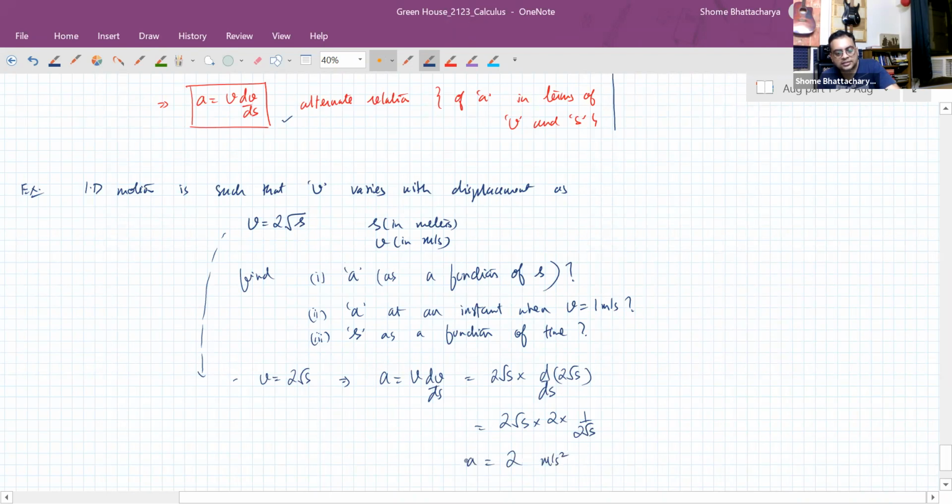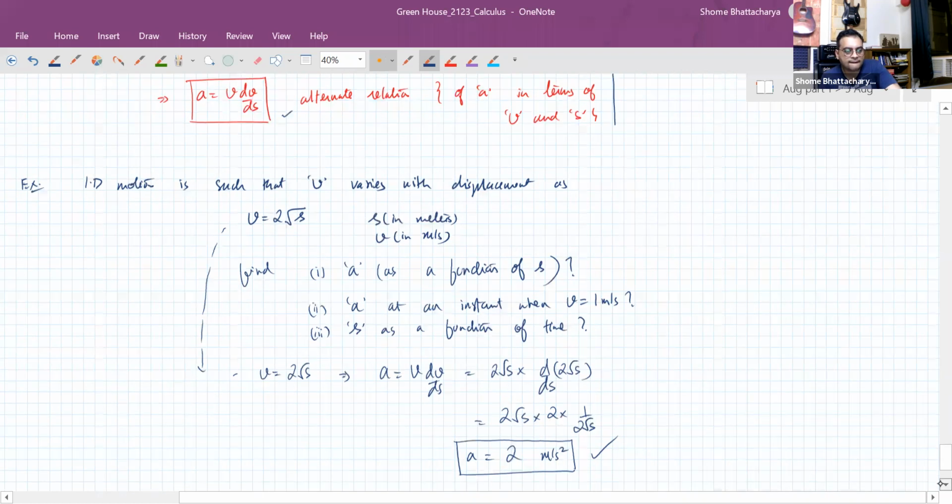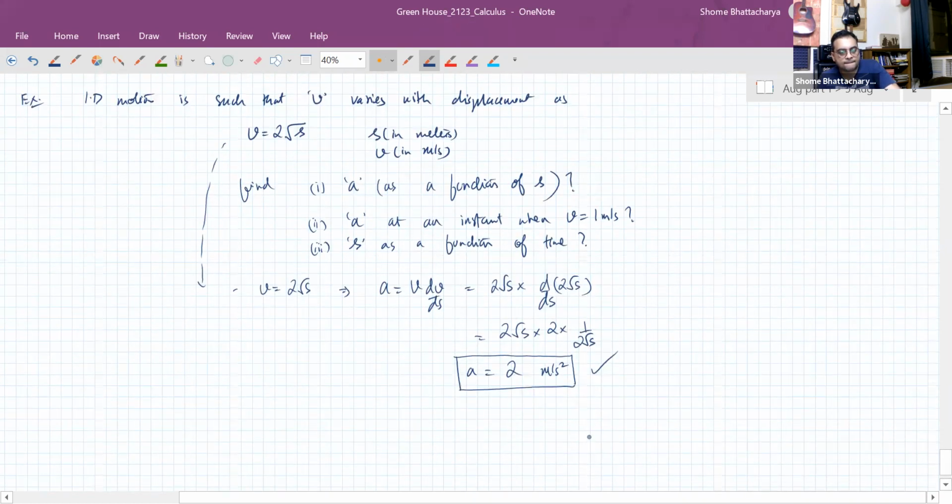It's a uniform acceleration, interestingly. So obviously, because it happens to be a uniform acceleration, a is equal to 2 meters per second square when the velocity is 1 meter per second, and at all other times. Not just that instant, but at all other times.